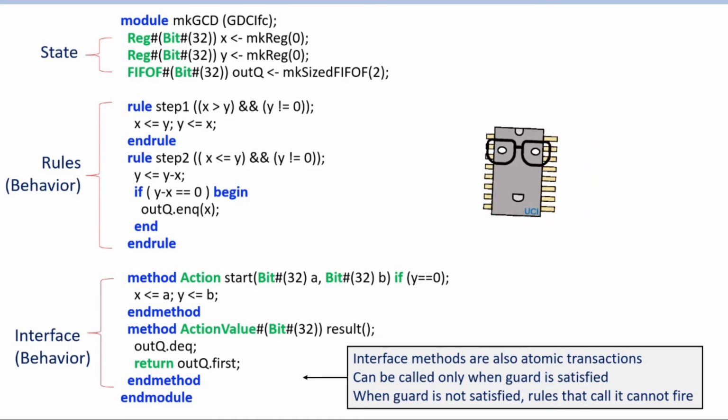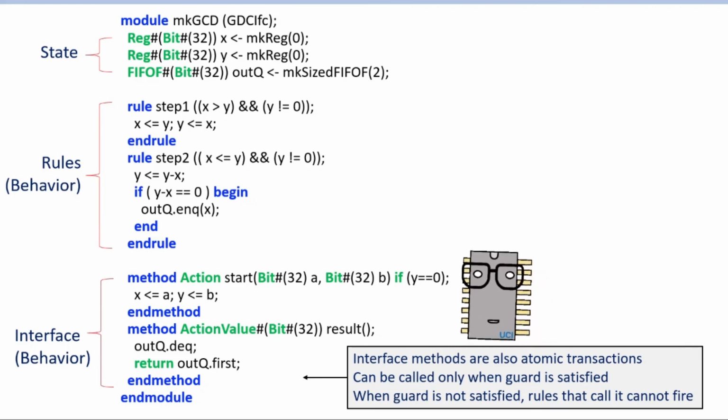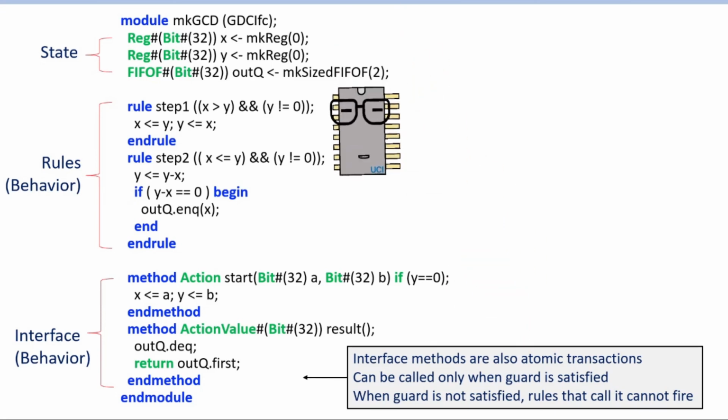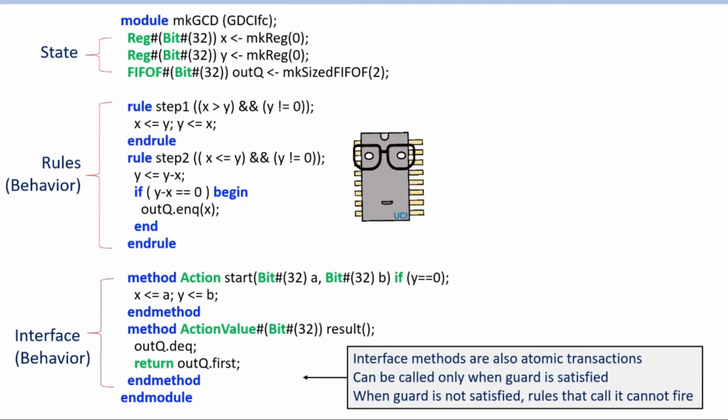Right. So yes, there's a question: how do the rules fire when the start action is called? This particular example is slightly simpler because the guard for start is y equals 0, and the rules step 1 and step 2 say y not equal to 0. So the guards for the two rules and the start method are disjoint. They're mutually exclusive.